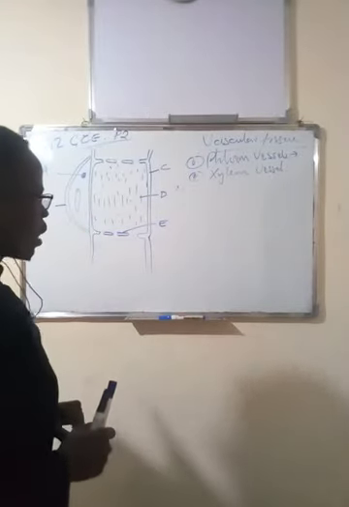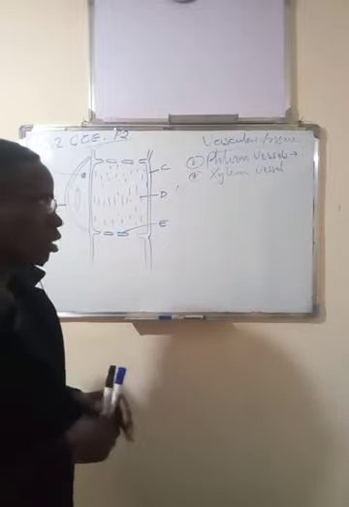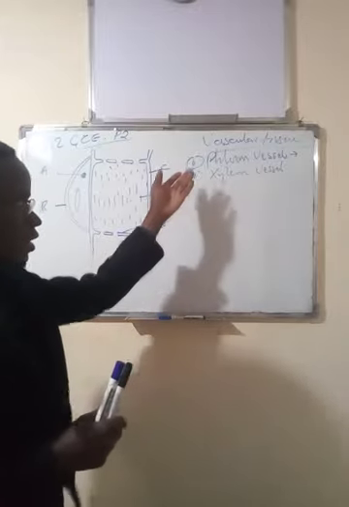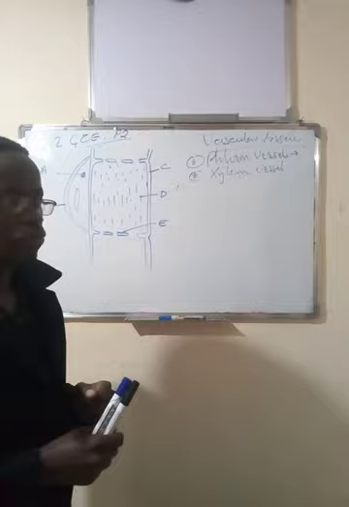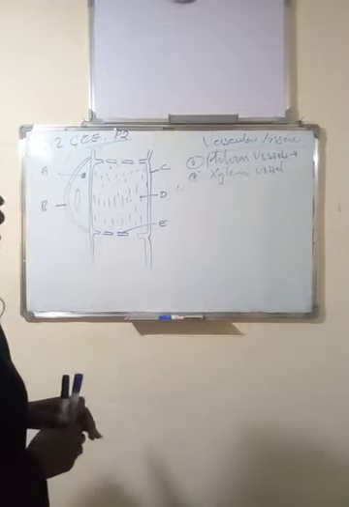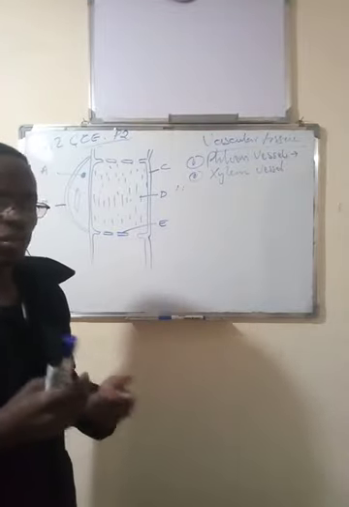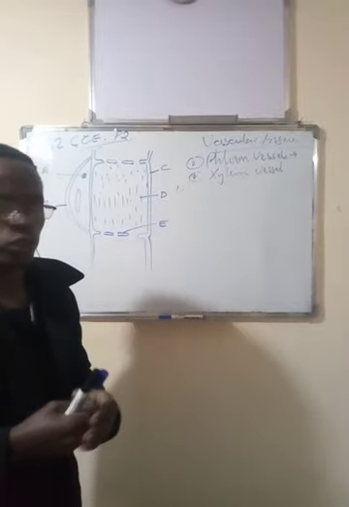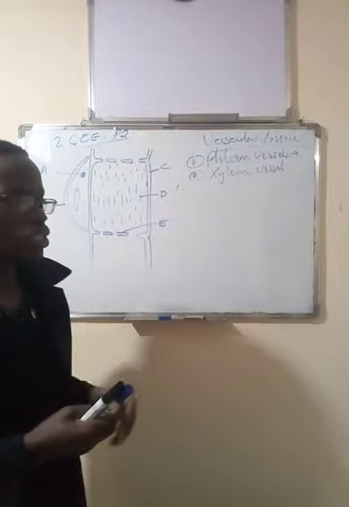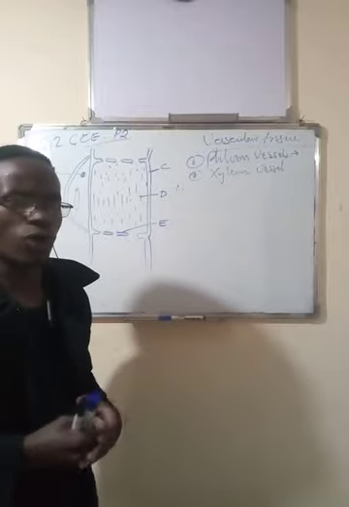Now, we have this diagram here, and the question is saying that this diagram shows a cell taken from a vascular tissue of a plant. Now, we need to identify, is it a phloem vessel or is it a xylem vessel? So we should be able to identify that. When you look at the phloem vessel, remember the number one thing we should know about it is that it has a companion cell, because some of these substances are transported to all other parts of the plant by active transport.